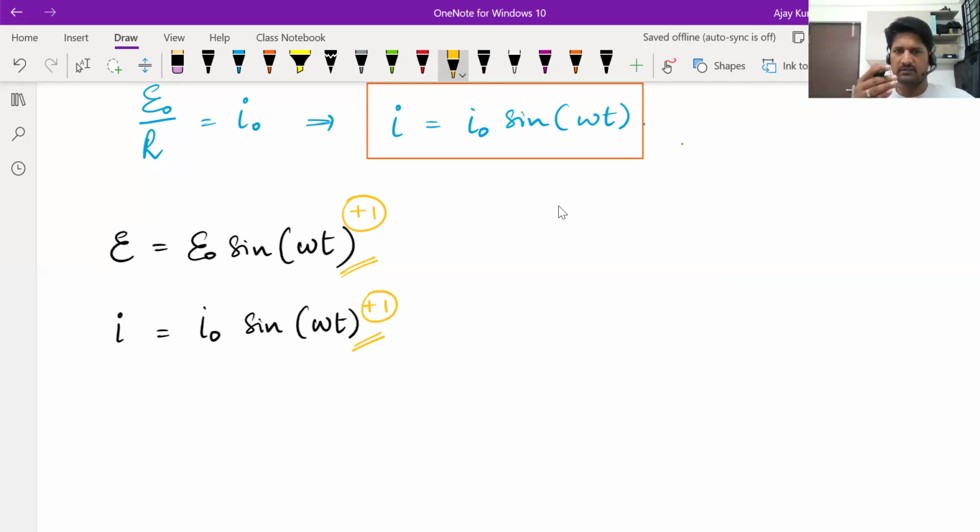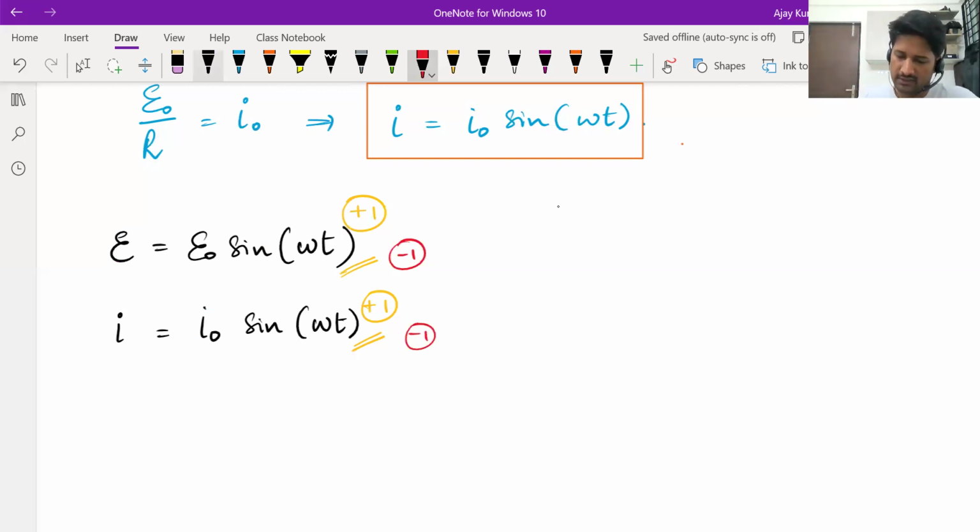Obviously, whenever sine omega t becomes +1, it has to become +1 in both functions. Whenever this becomes -1, this will also become -1, means both go to their negative peak at the same time. So these two functions vary in the same manner.